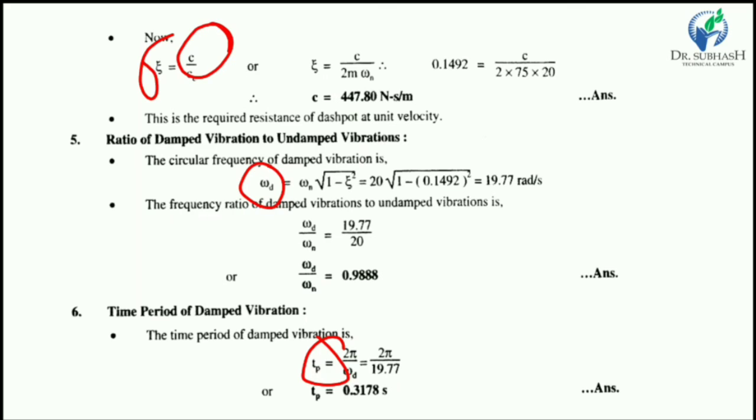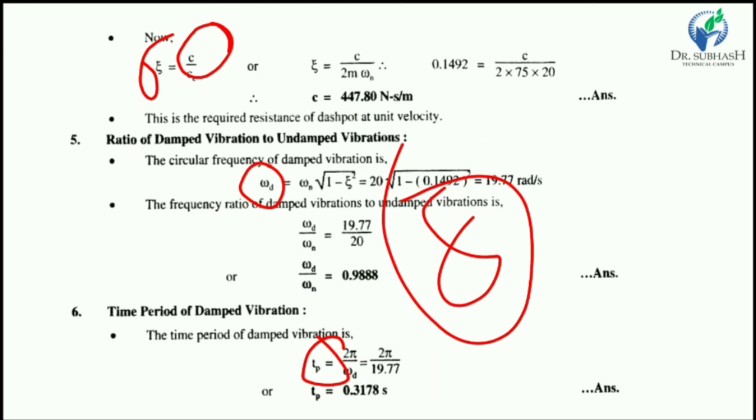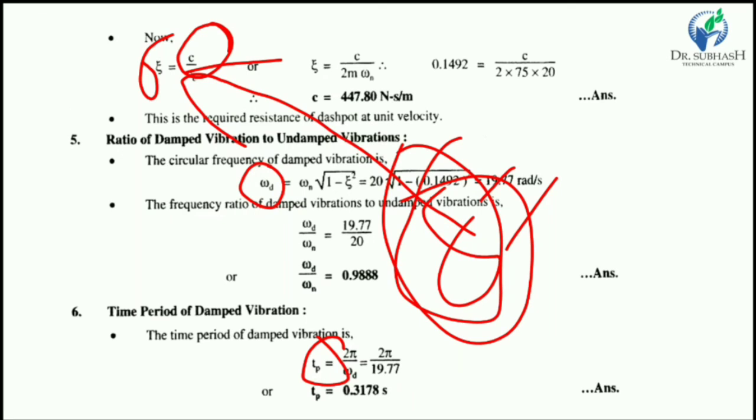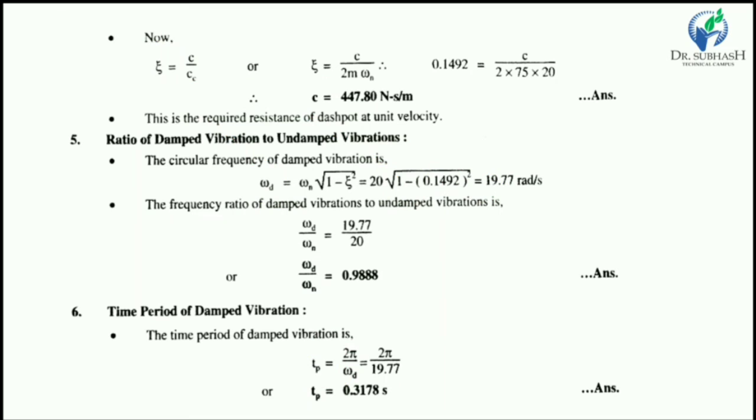So you now know the equations to find omega d, omega n, zeta, and damping coefficient. All the relations you have to know, and also the relation of delta, the logarithmic decrement, and between zeta and logarithmic decrement, the mathematical equation. So now you can easily solve the example of logarithmic decrement. I hope that helps.